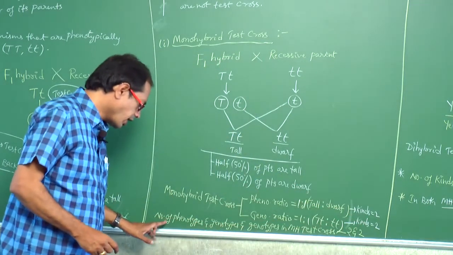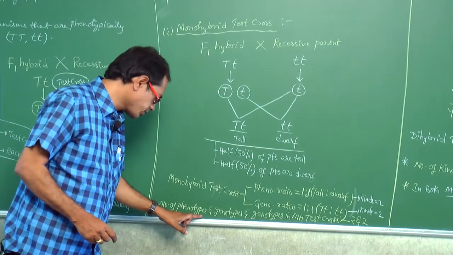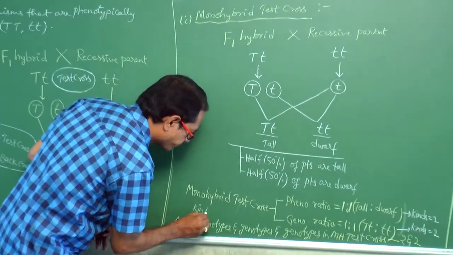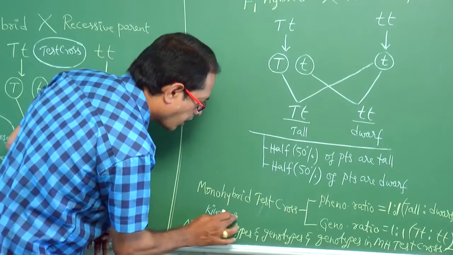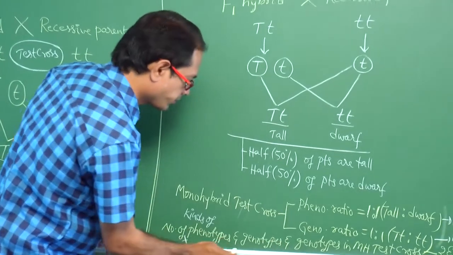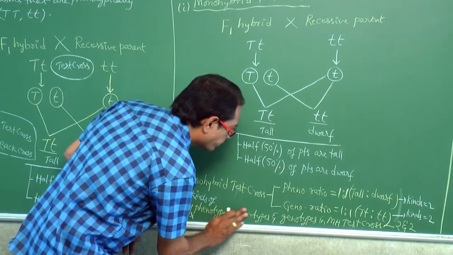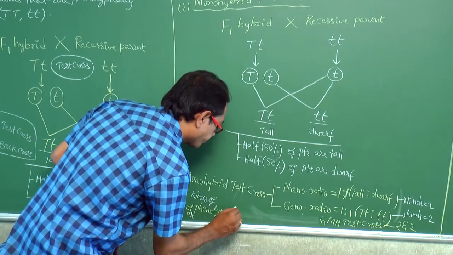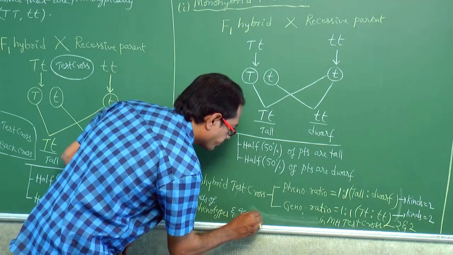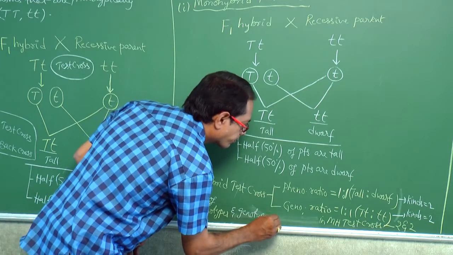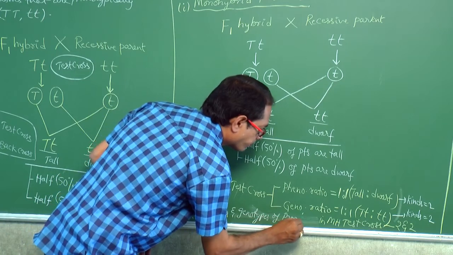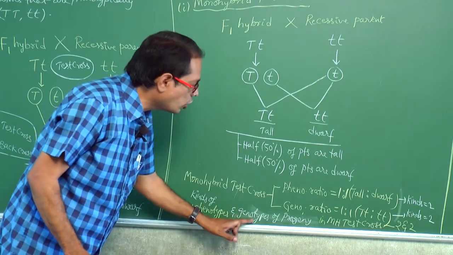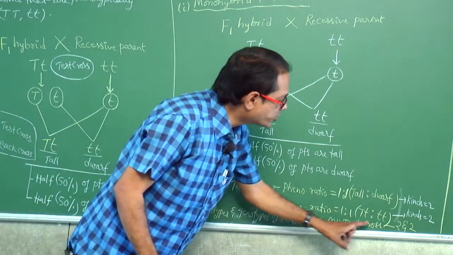So that means number of kinds of phenotypes and genotypes of progeny in monohybrid test cross.